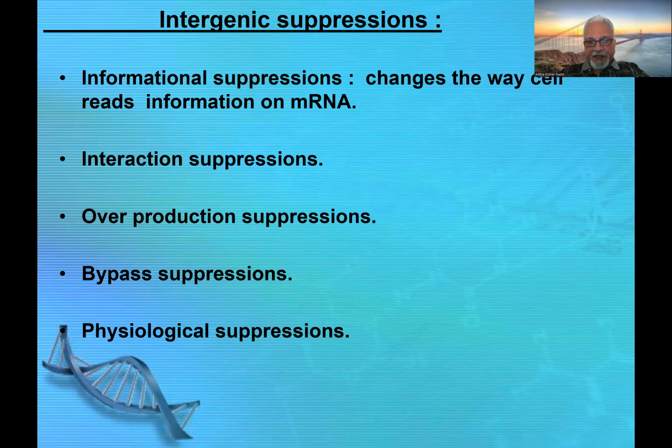I'm not taking this part in this session. Maybe later I will address these things, but let us look at informational suppression, and how a second gene, which is involved in reading the information located on mRNA, changes it.